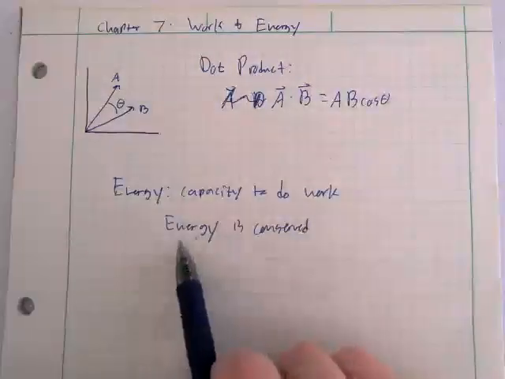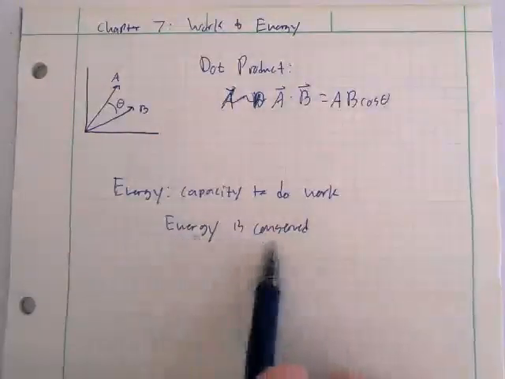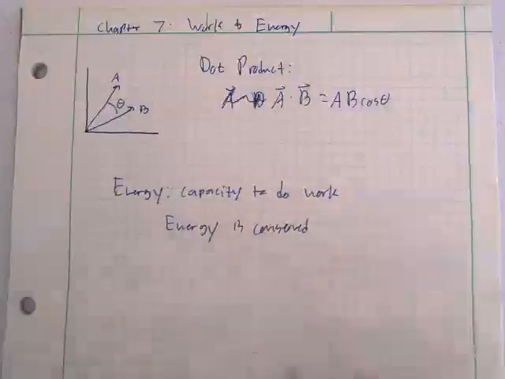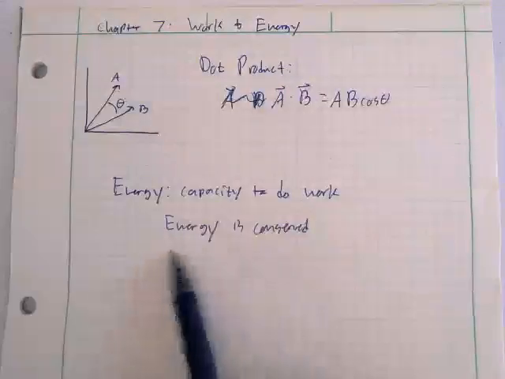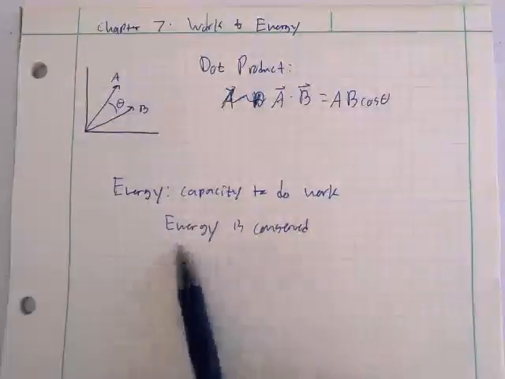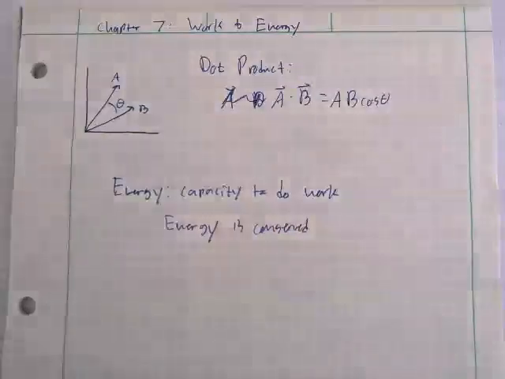So for some sort of confined system, the total amount of energy is conserved. You cannot create any energy, you cannot destroy any energy, right? You have to get it from somewhere. So if you want to do something, you have to get energy from somewhere, and then of course you put that energy into whatever it is you're doing. So energy is moving around, changing forms all the time, but you can't create energy and you can't destroy it, right? So those will be some of the main properties of energy.